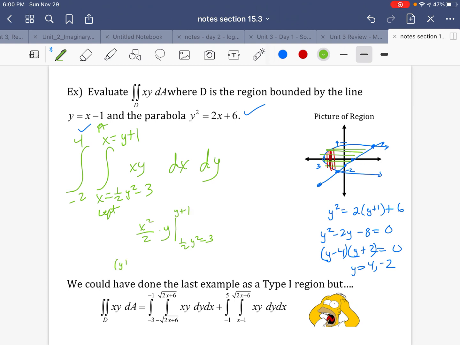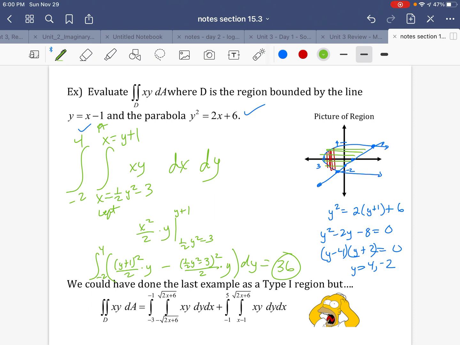So I'm plugging in y plus 1 squared over 2 times y, minus plugging in 1/2 y squared minus 3 squared over 2 times y. Now this could all be worked out, and it would be a polynomial. Since we know it's going to turn into a polynomial, we're just going to be lazy and put it on our calculator. And then you would get 36.